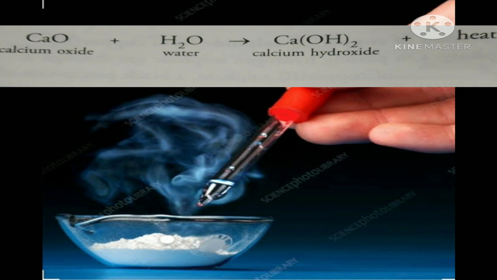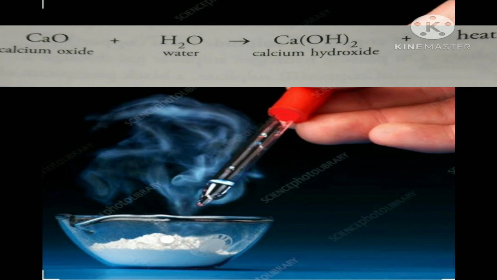Hence, it is an exothermic reaction. You can easily try this at home, but you have to take a very small amount of calcium oxide. Now you may be thinking, where will I get calcium oxide from? You know what is tuna? The one that we use for whitewashing.